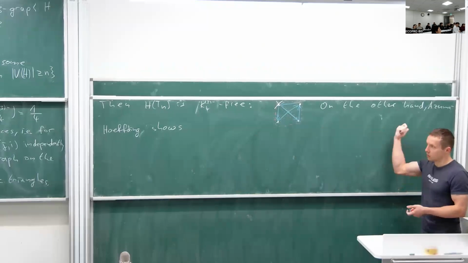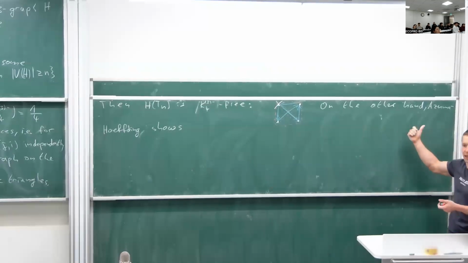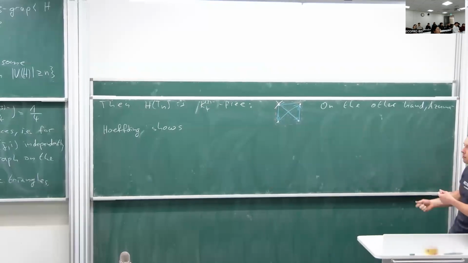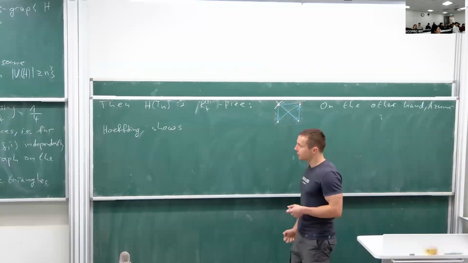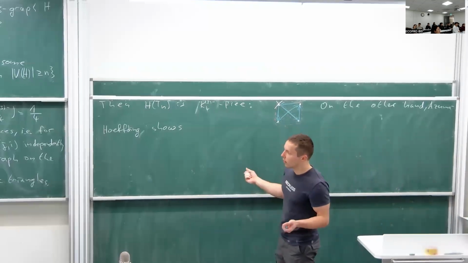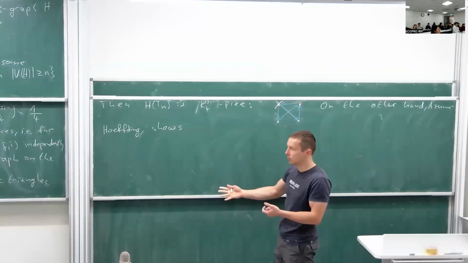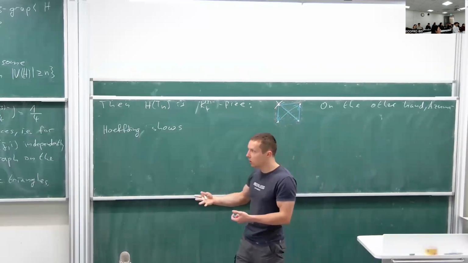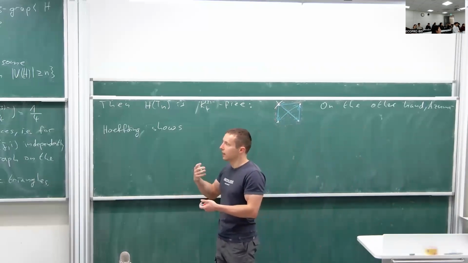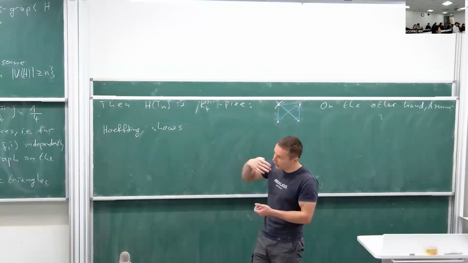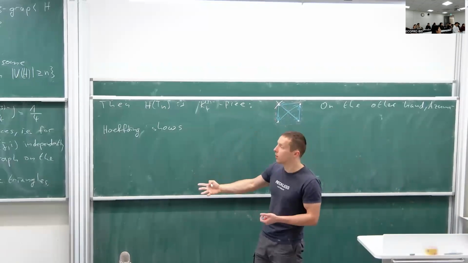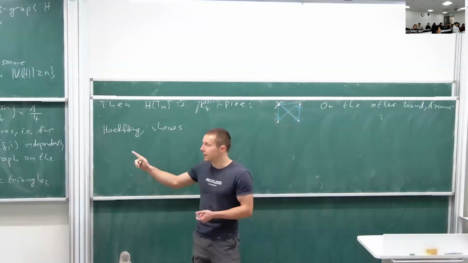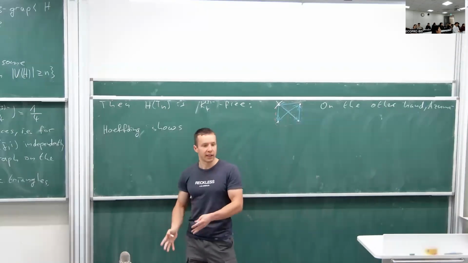But with Azuma–Hoeffding, we can control this kind of not complete independence. And so that shows that we are concentrated around the expectation, which means that for n getting larger and larger, asymptotically almost surely, we are dense on any not too small subset.